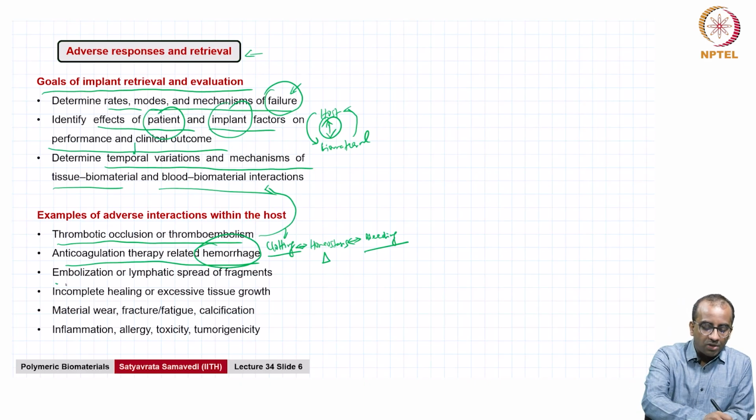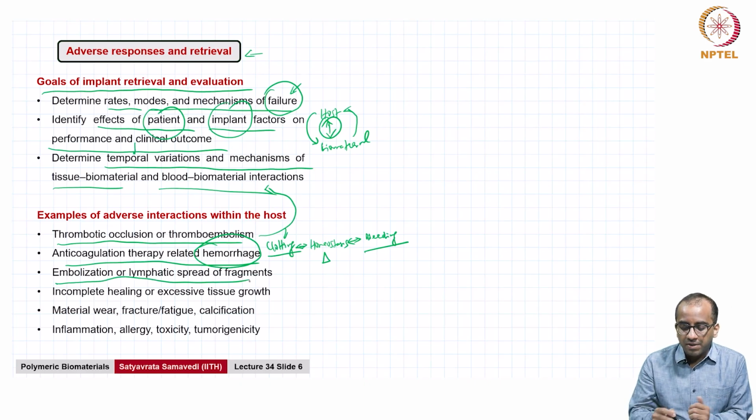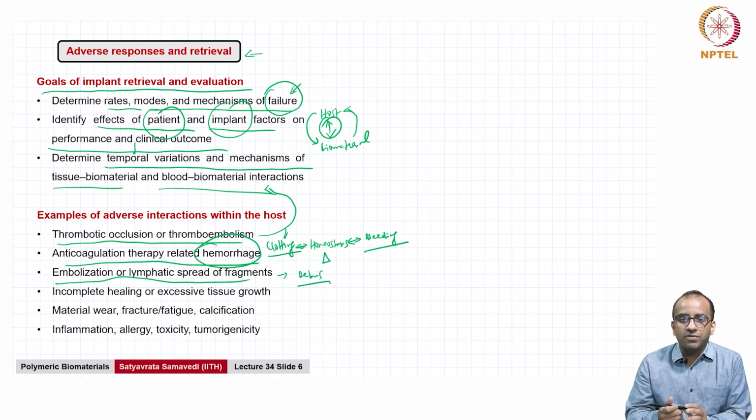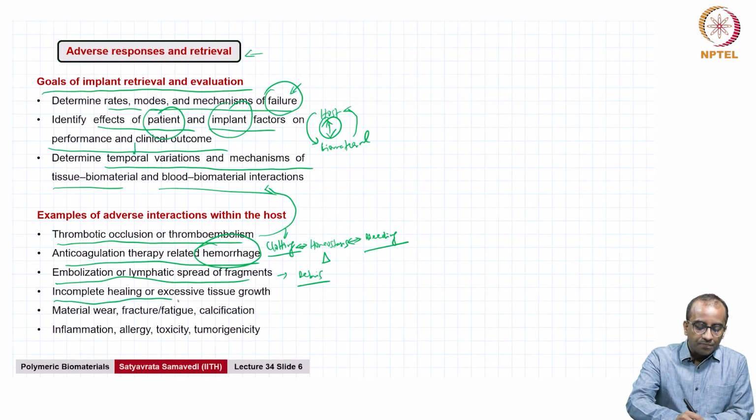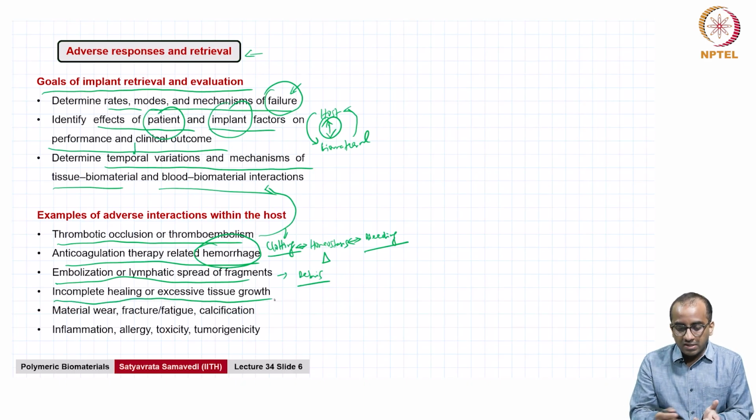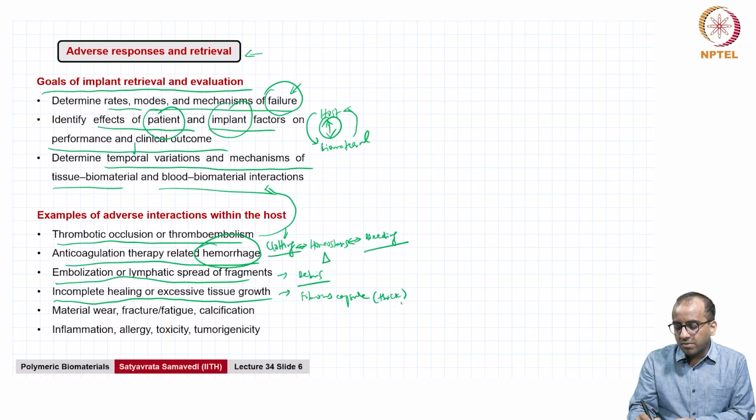You can also have embolization or lymphatic spread of fragments, and this could simply be debris coming from wear of the material with time. You can have incomplete healing or excessive tissue growth. One example of excessive tissue growth is very thick fibrous capsule formation that leads to isolation of the device, right.